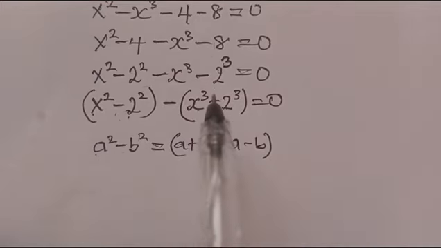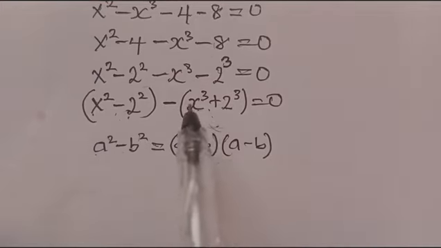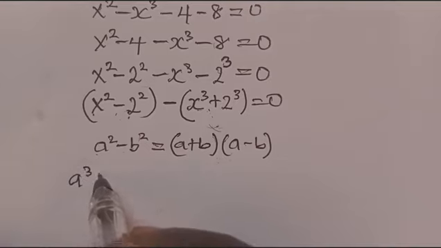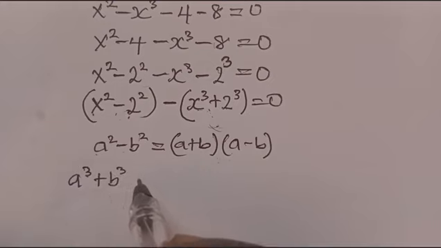For sum of 2 cubes, we say a raised to the power of 3 plus b raised to the power of 3.